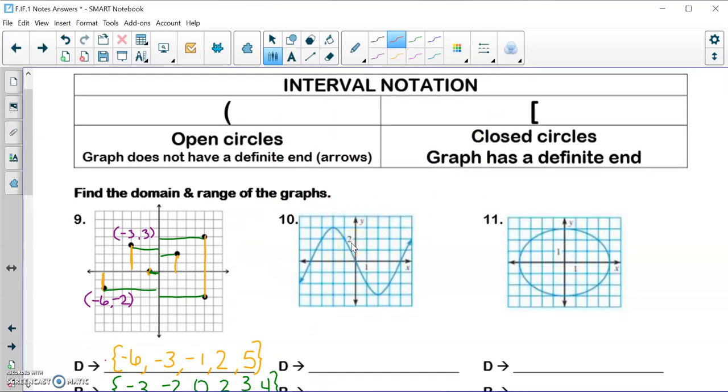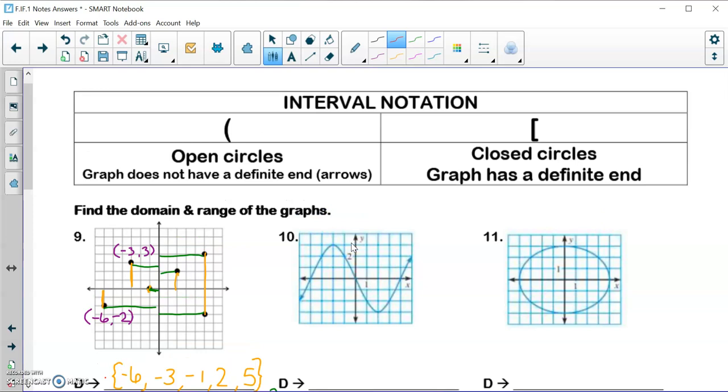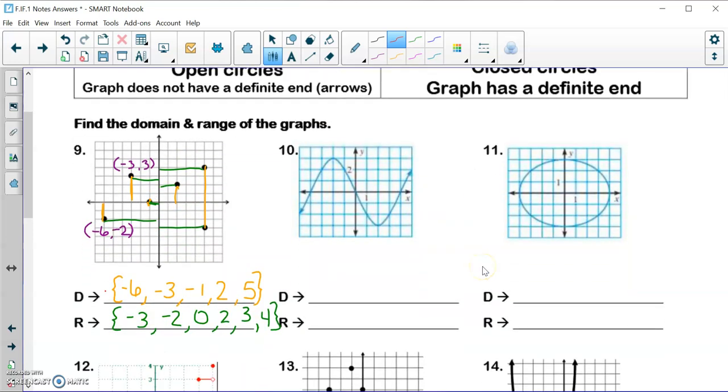Interval notation, basically you're giving a range of the possible x and y values. Well, for domain, we want the leftmost point and the rightmost point on the graph. Since in number 10 we have arrows on the end, the leftmost point is actually never ending. It's never going to stop.